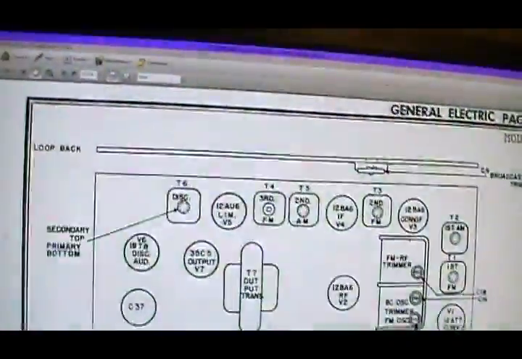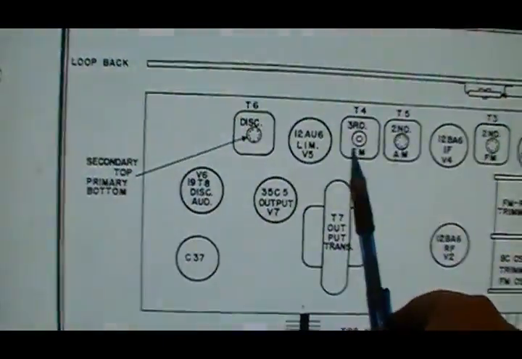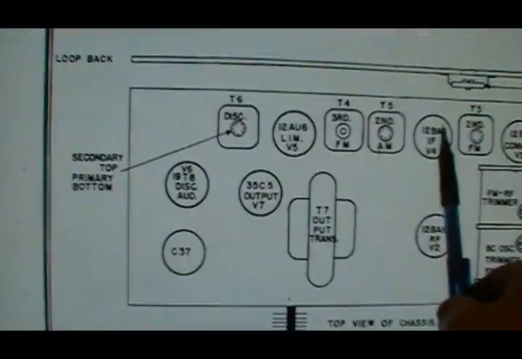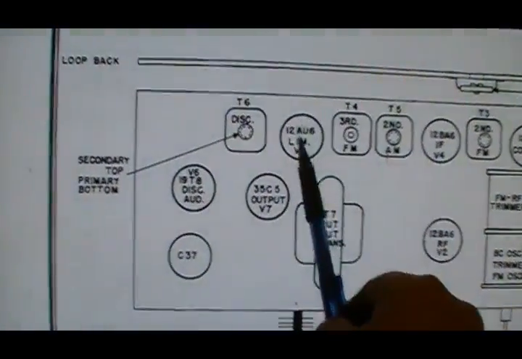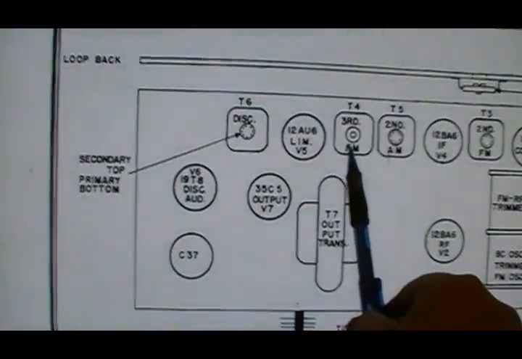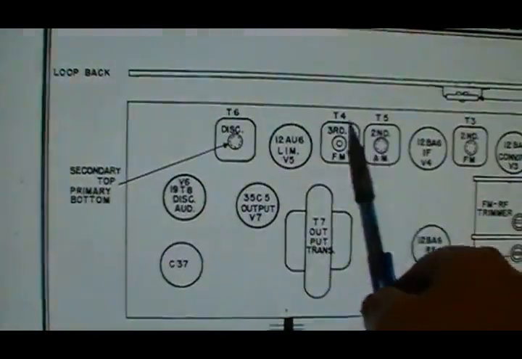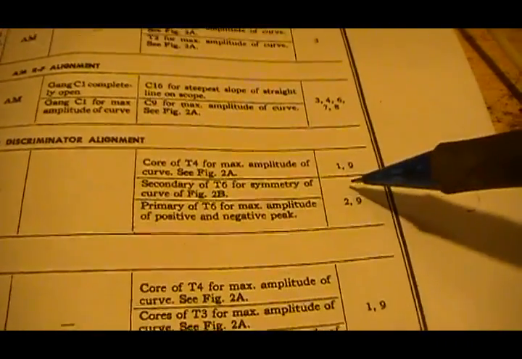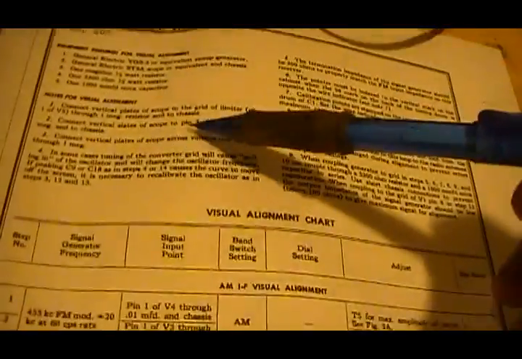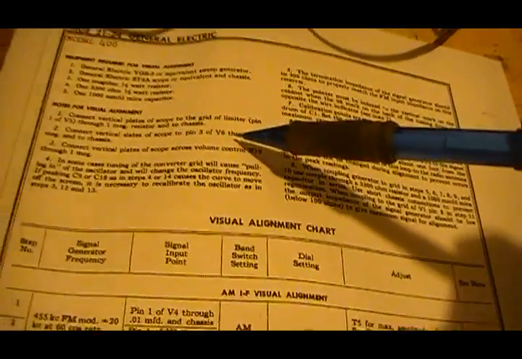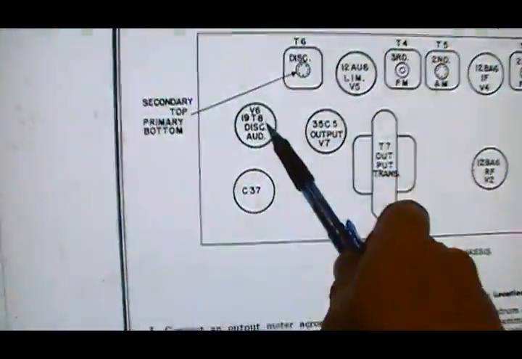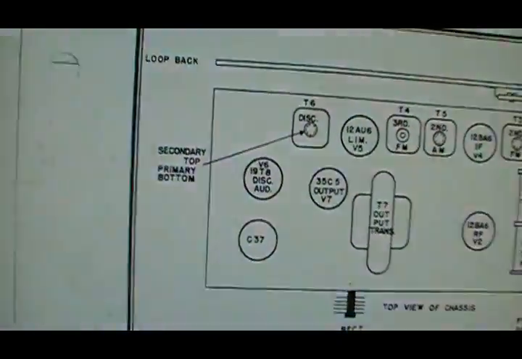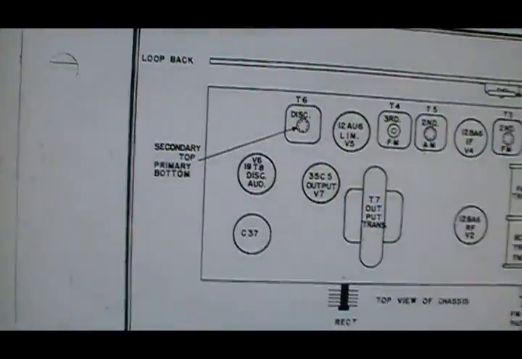So to do the first part of it, just this third FM, we feed a signal in here, we pick it up here, we make that adjustment. Then we keep the signal being fed in here when we do the discriminator, but this time it tells us to go to 2, and 2 says to hook to pin 3 of V6, the 19T8, a discriminator in first audio 2.